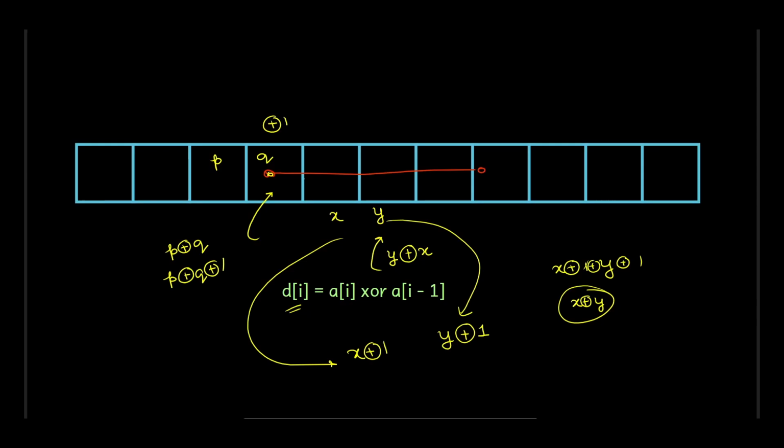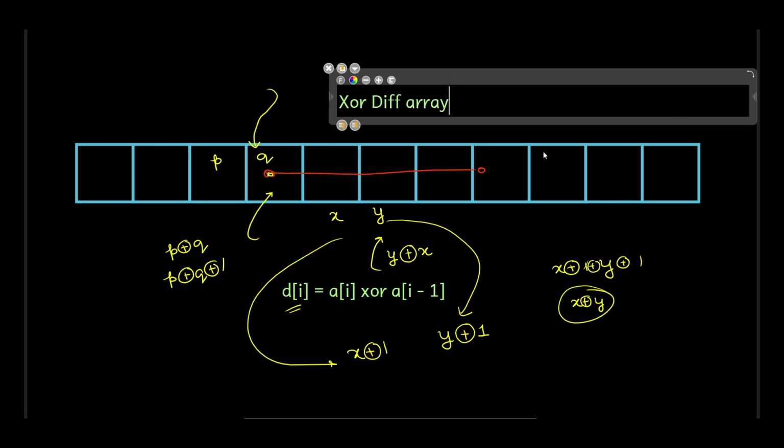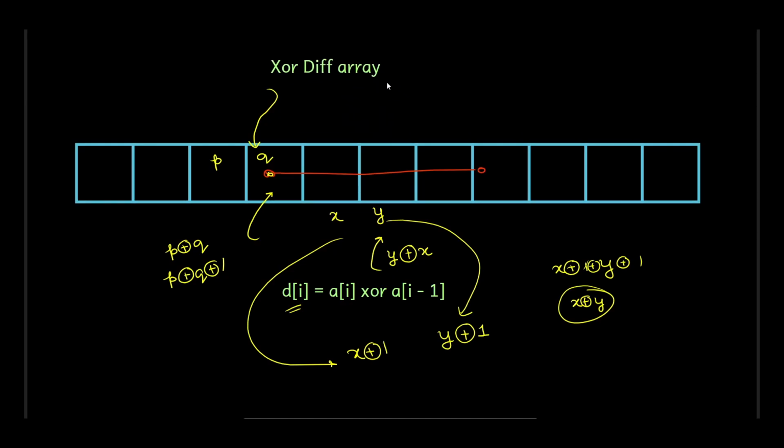So flipping a subarray is equivalent to changing two elements in the XOR diff array, by XORing them with 1. So this element and this element.